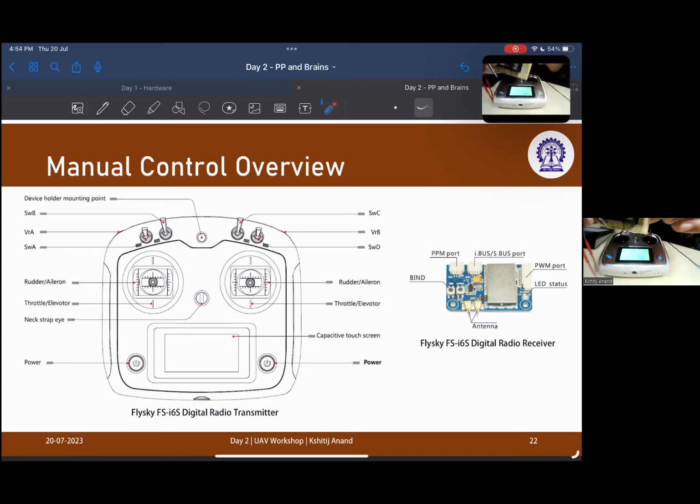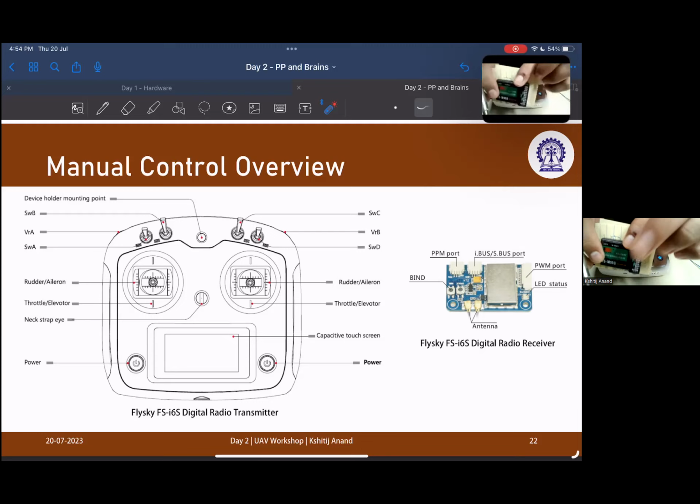If you look closely, there are 10 channels of communication on this. I don't know if it's going to focus or not, but there are 11 ports here: 10 channels for communication, one channel for PWM or PPM, and one channel specifically dedicated for power supply.